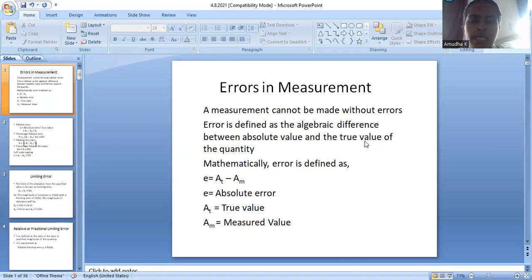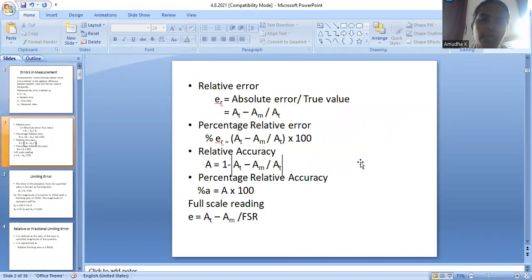Mathematically, the error is represented by the letter E, which is equal to A suffix T minus A suffix M. A suffix T is the true value and A suffix M is the measured value. While measuring, the value we note is called the measured value, and A suffix T is the true value or absolute value. So generally, error is defined as the difference between those two.